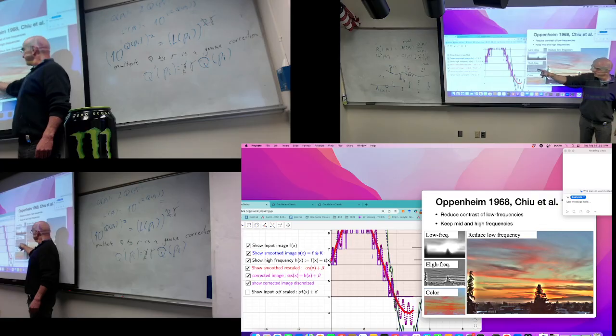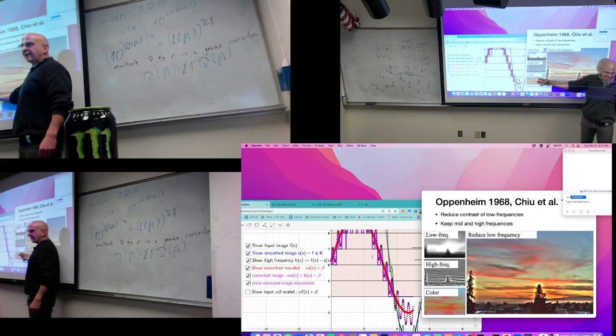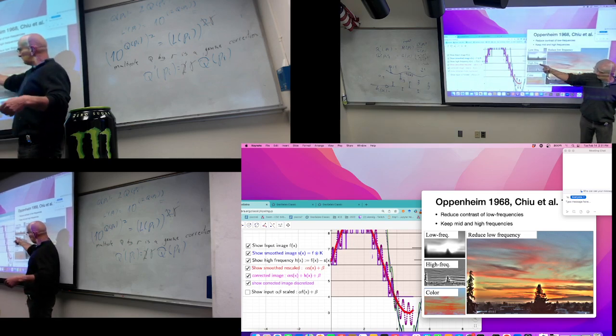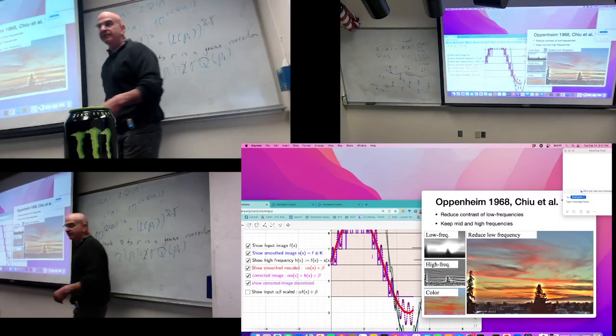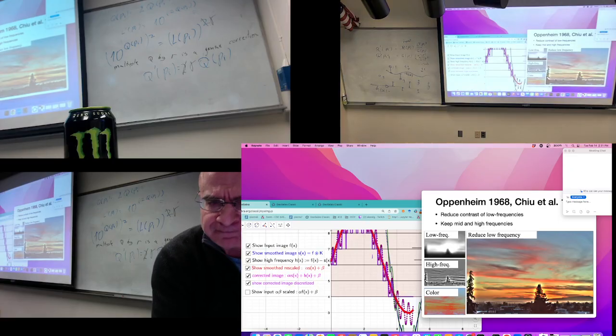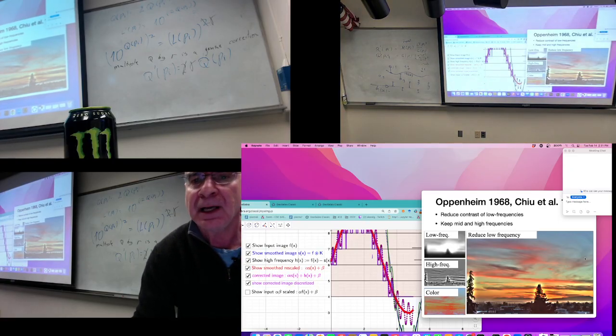High frequencies, much less extreme, but with many more spatial details. The spatial frequency is much higher. And the colors that you keep separately, as the old RGB or the new RGB, don't have the intensity at all. OK, so that's summarizing Oppenheim's algorithm.